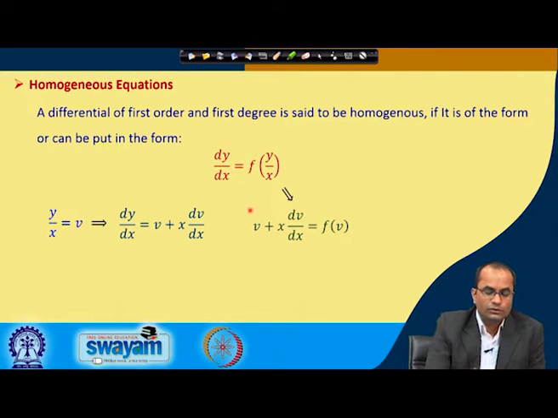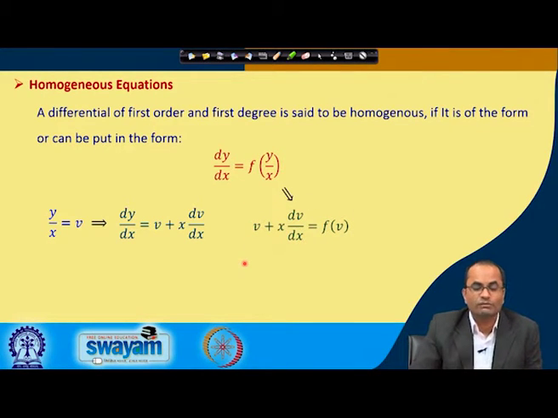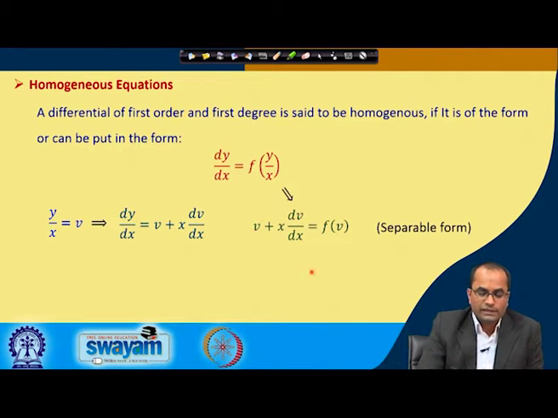This is a new equation which is again in separable form, because we can take this v to the right hand side. So, we have f of v minus v. The right hand side contains everything with v, and the left hand side with x. So, this is a separable equation now in v.